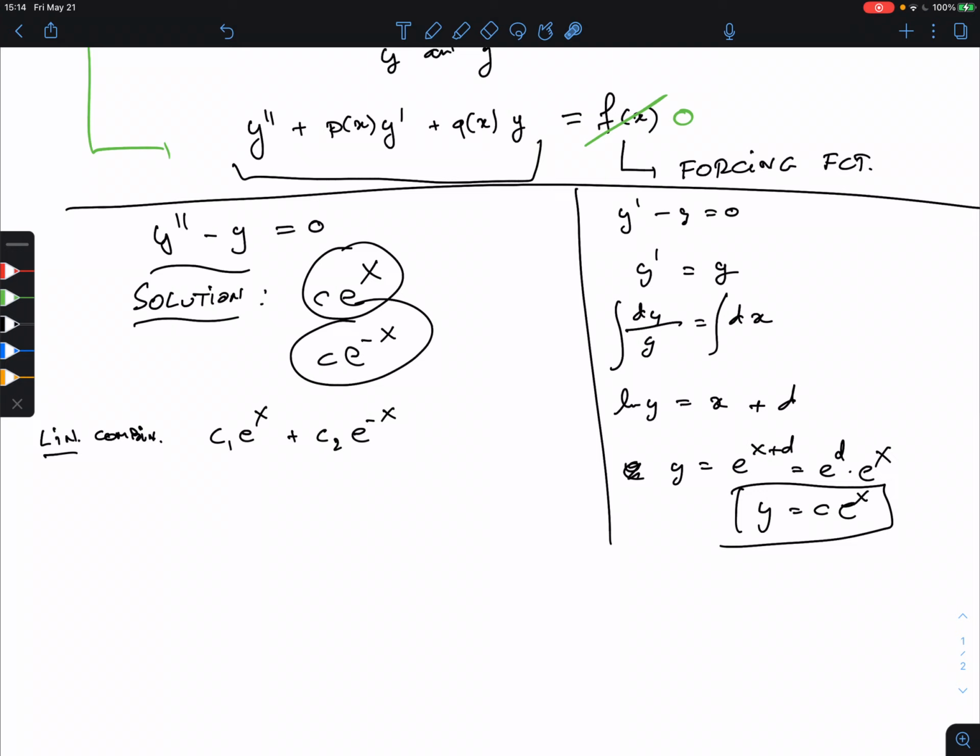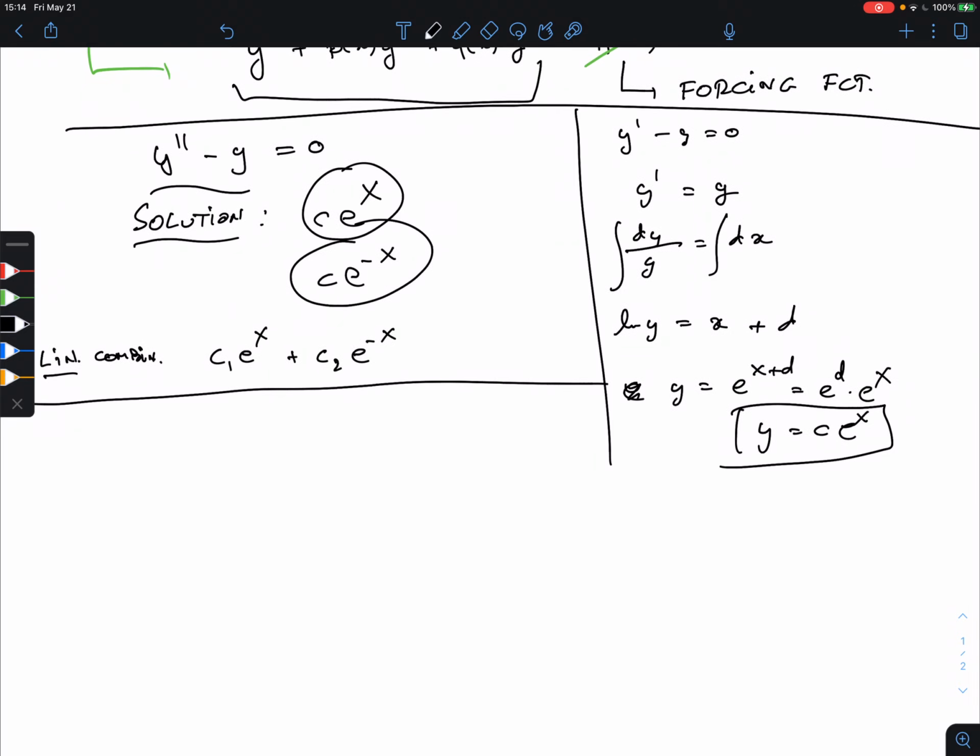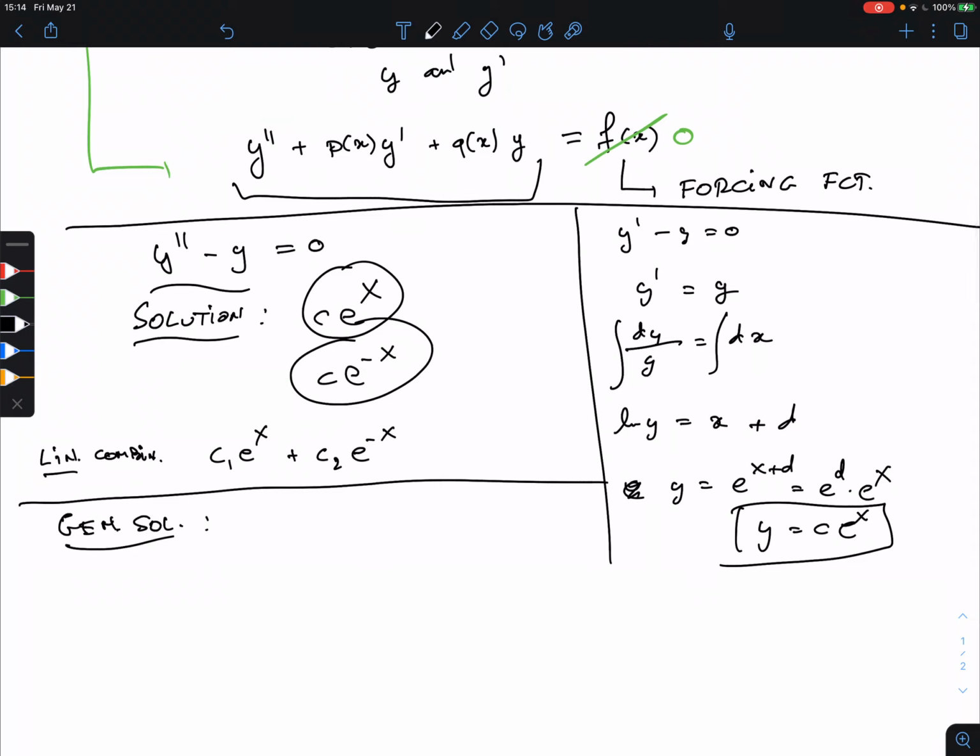So, without going too much into the details, which you can read in the book, I'm going to just claim the following. General solution. So, if we have such a differential equation, let me write it up again and emphasize that we are in the homogeneous case.